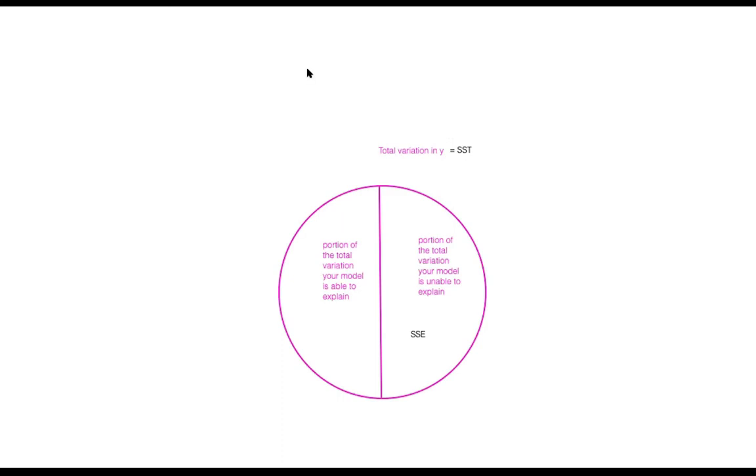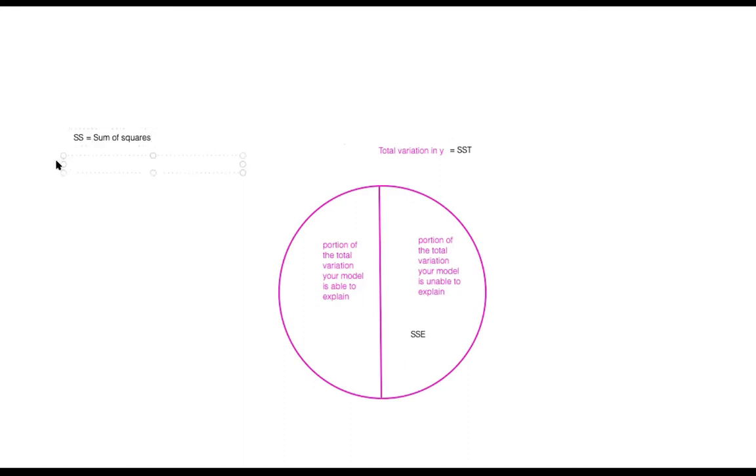What do the SS values stand for? So SS, it's not Nazi Germany, it is sum of squares. SS stands for sum of squares. So now let me rewrite these formulas for you.